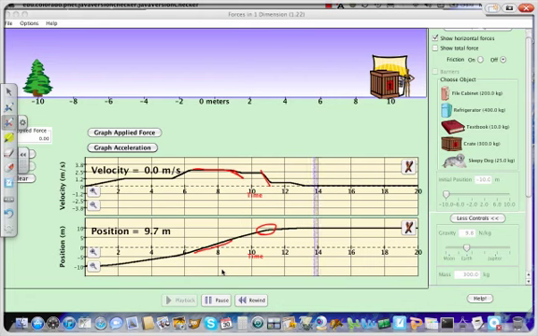So the simulation does a good job of exemplifying the principles behind Newton's first and second law, namely when I'm pushing on an object, I'm applying a force, then I should see a change in speed. That's all these locations right here and here.